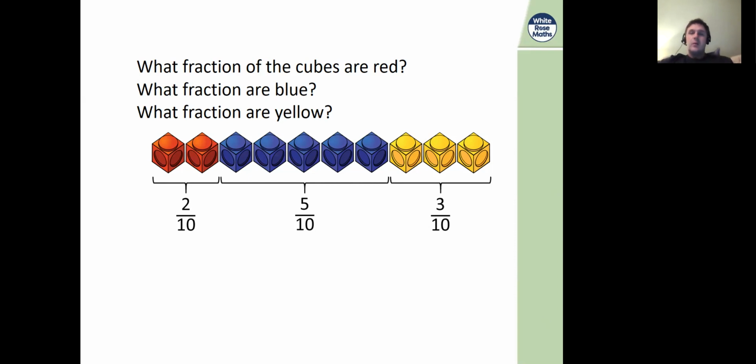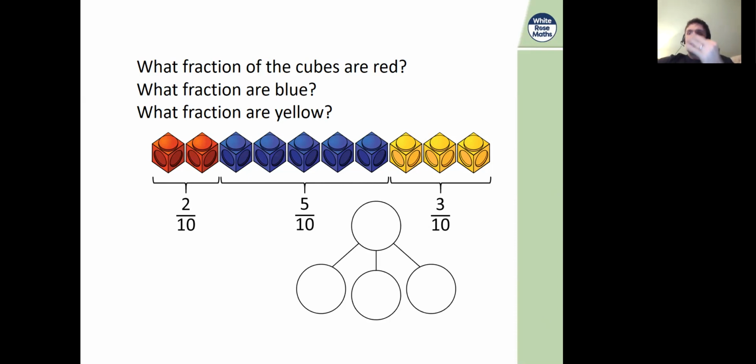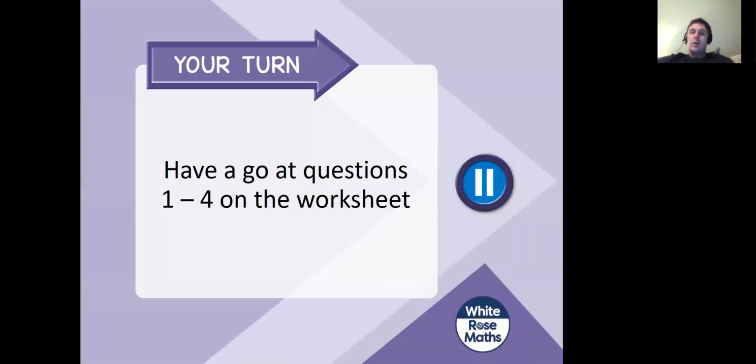And with our yellow, we've got 3/10. If I was going to put that into a part-whole model, this time having 3 parts, I'd have 2/10, 5/10, and 3/10. 2, add 5, add 3 makes 10. 10/10, or 1 whole, Year 4. Pause the video now, go and have a go at questions 1 to 4 on the worksheet.